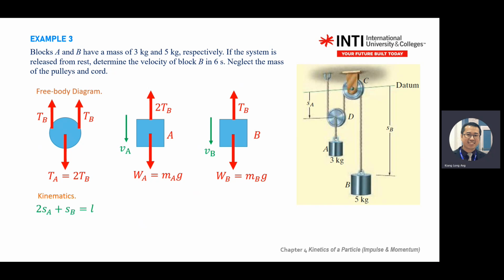So what do you get? 2SA becomes what? Your answer is 3. 2SA plus SB equals the total length. You do time differentiation, right? What is S?